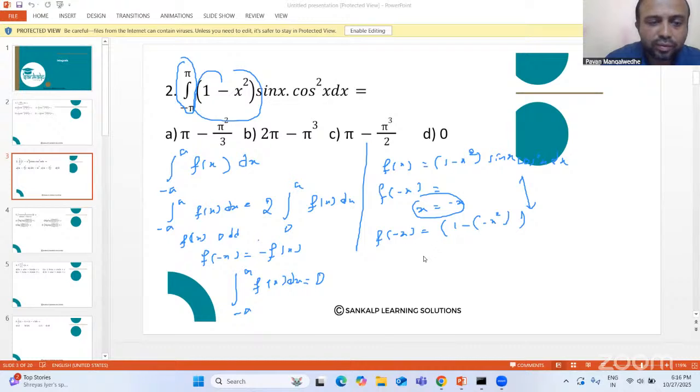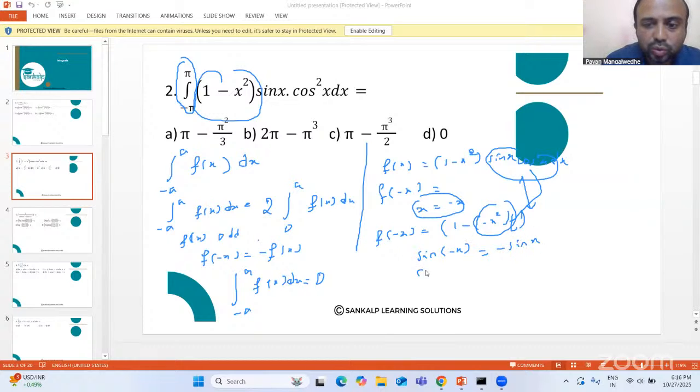Minus x square is plus x square, and sin of minus x will become minus sin x.